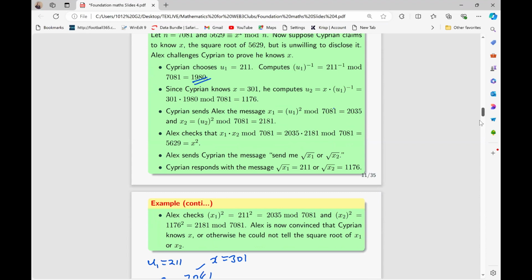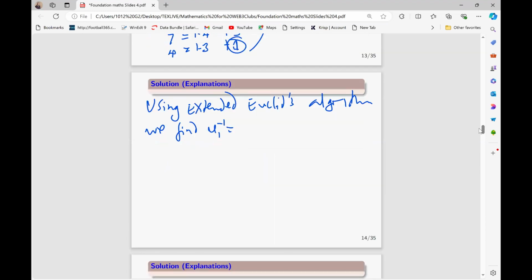So after finding the inverse, 1980, it is this inverse that you multiply by x to give you U2. You knew what x is because it is what you want to prove.